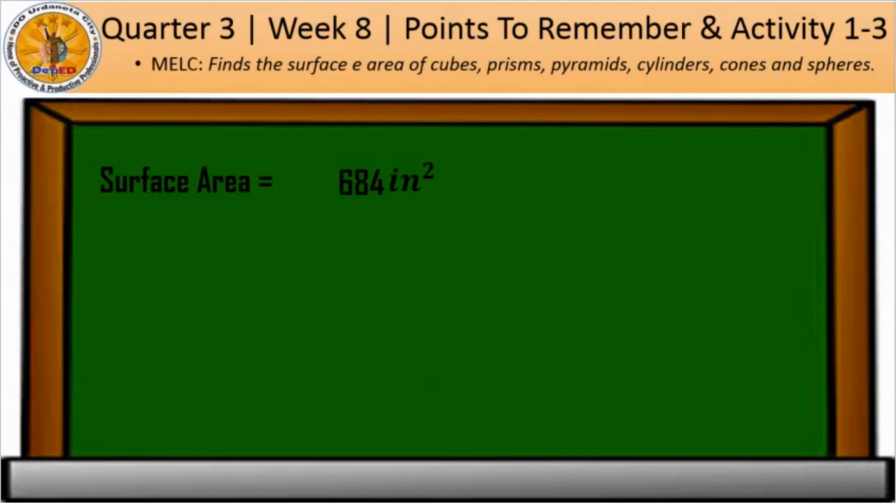So we have to multiply the surface area, which is 684 square inches, by the painting cost, which is 50 cents. That will give us 342 pesos. Don't forget to write the peso sign. So, Erin has to spend 342 pesos to paint the exterior of the box.